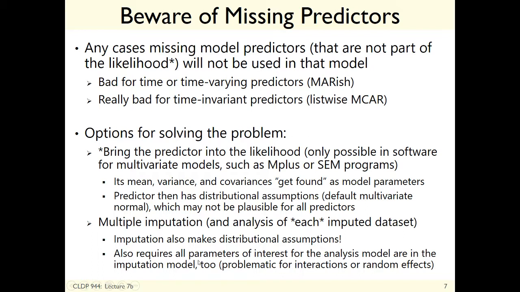The other piece of this, if you're using multiple imputation, is that the imputation model, the things that you're using to try and predict what the missing values would have been, has to have everything in it that you would eventually want to be part of your analysis model. So that includes not only main effects of predictors, but also interaction terms.